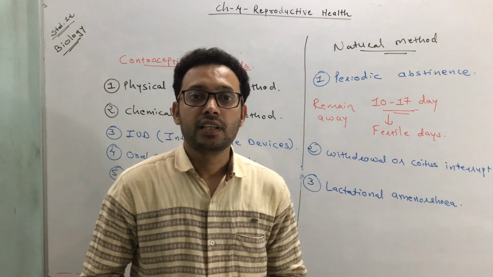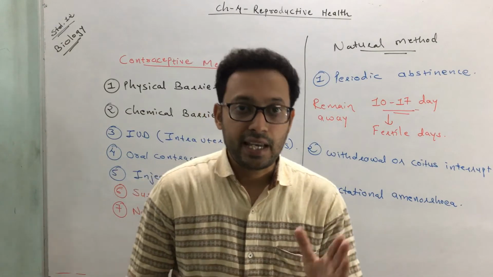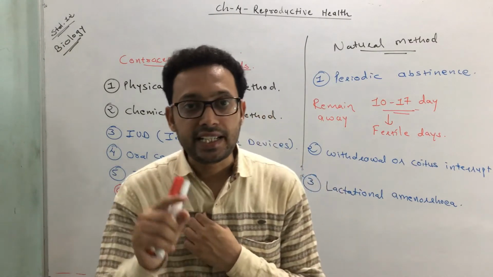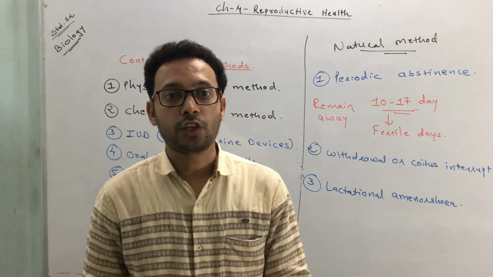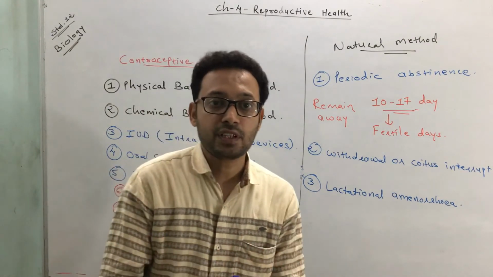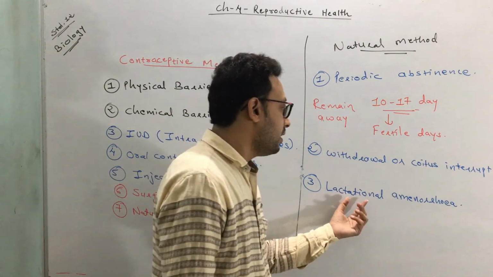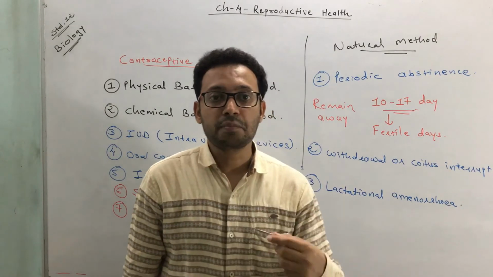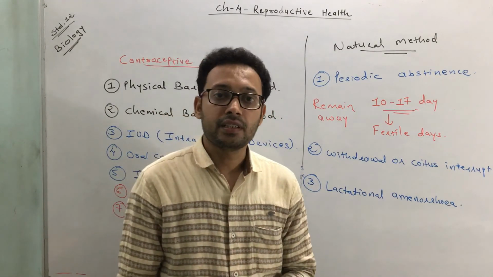We have learned that absence of the menstrual cycle indicates pregnancy. So in pregnancy, the menstrual cycle stops. After parturition, after delivery of the baby, the lady starts to secrete milk from the mammary gland for the nourishment of her baby.